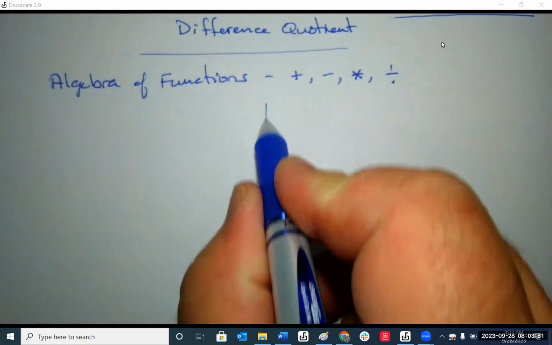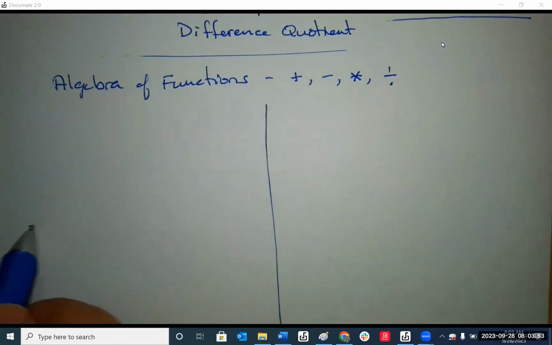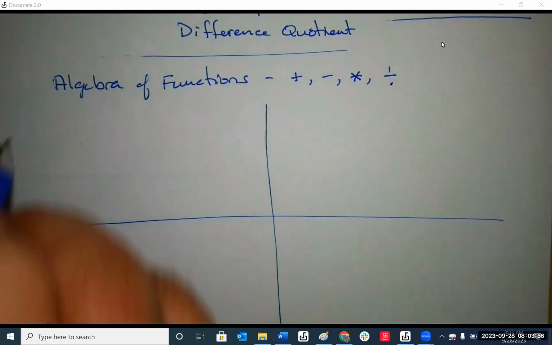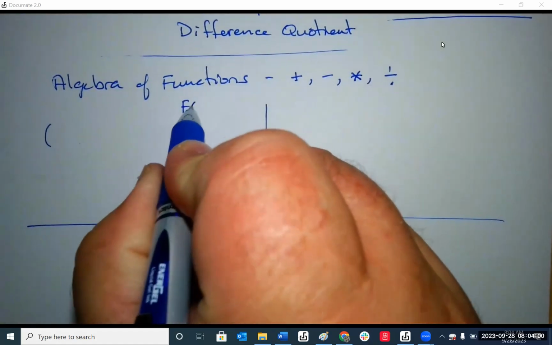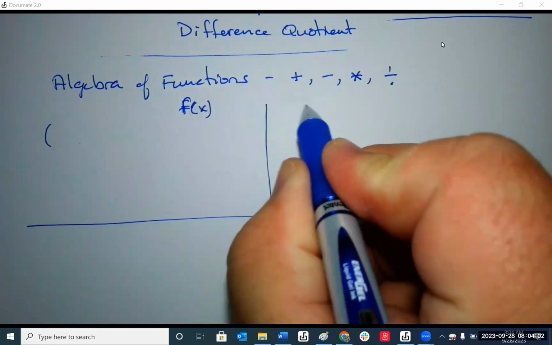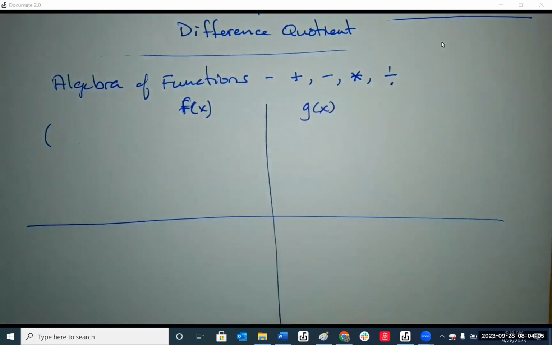So we have four basic ones. We'll start off with two functions, f of x and g of x. They're defined functions of something.